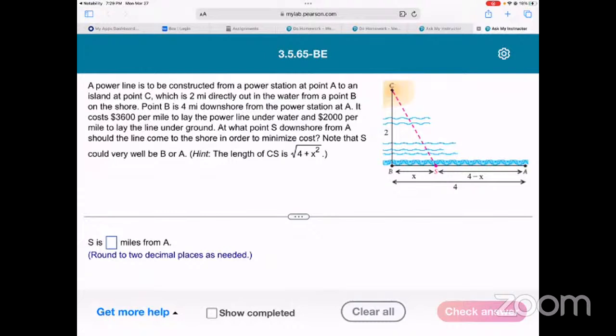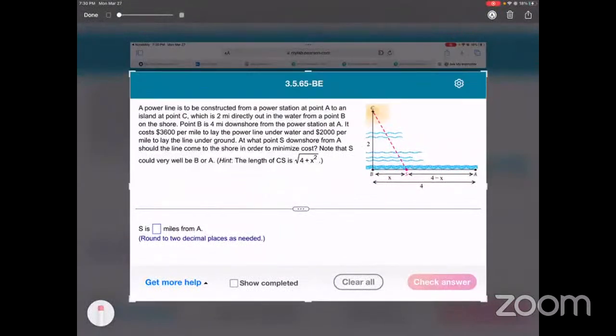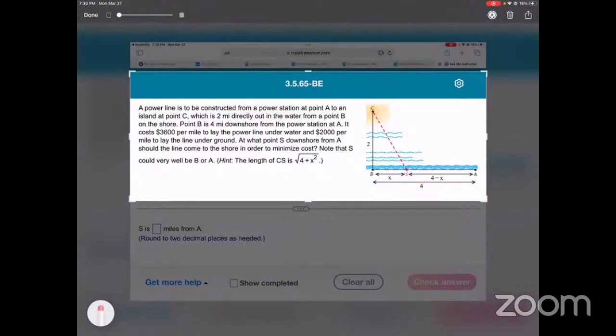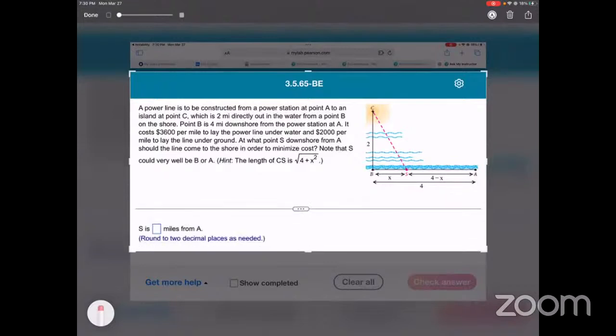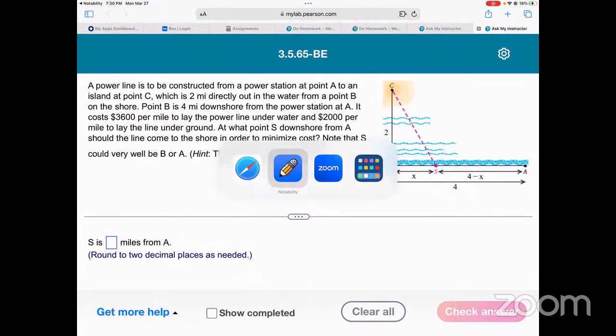Okay, this is doable, right? We're going to be minimizing the cost. So we need to find a cost function in terms of X, right? Because once we get our cost function, then we're going to minimize by taking the derivative. Let me get it from here. Copy and delete. I'm going to paste it here.